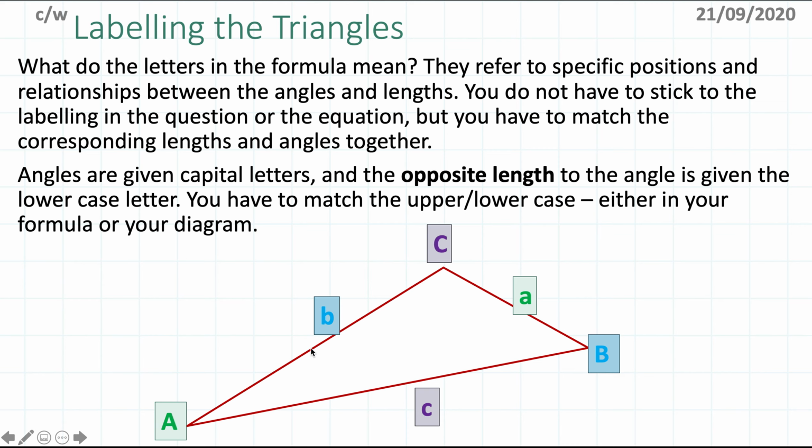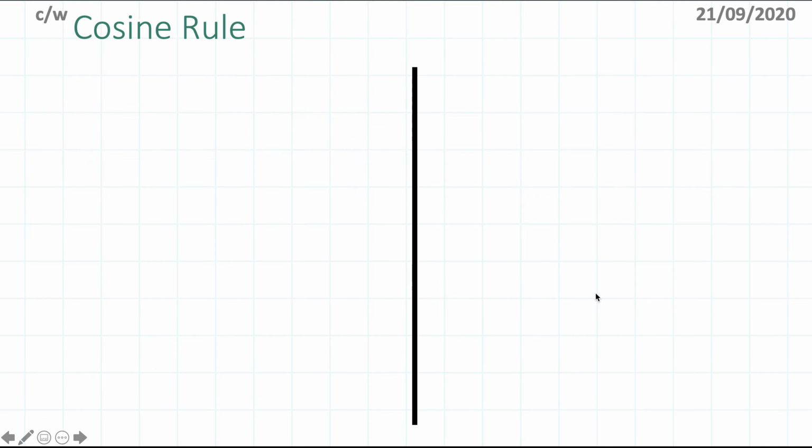It could be PQR and then lowercase pqr, it's up to you, but make sure that it matches the question. As I'm going to show the cosine rule, maybe we're using the A, B, C letters, but in your question it might be different.